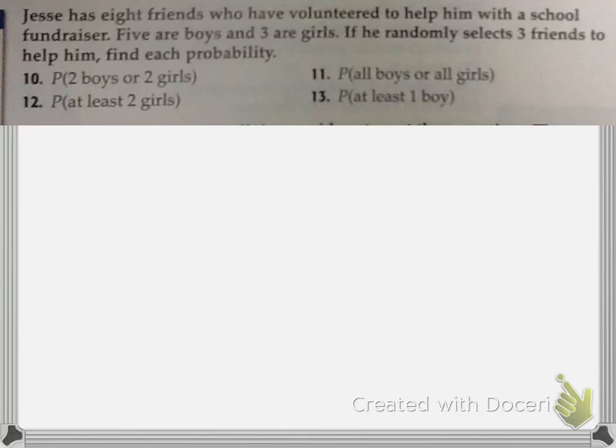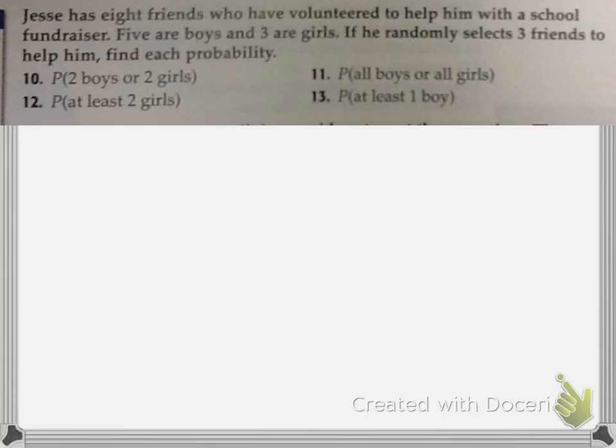Jesse has 8 friends who have volunteered to help him with a school fundraiser. 5 of his friends are boys and 3 are girls. If he randomly selects 3 friends to help him, find each probability. The probability of 2 boys or 2 girls.